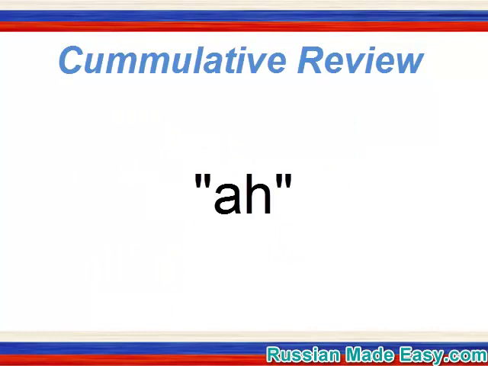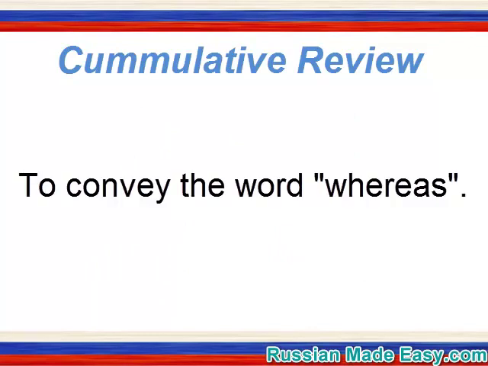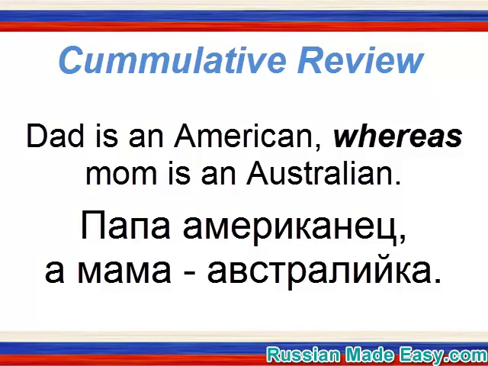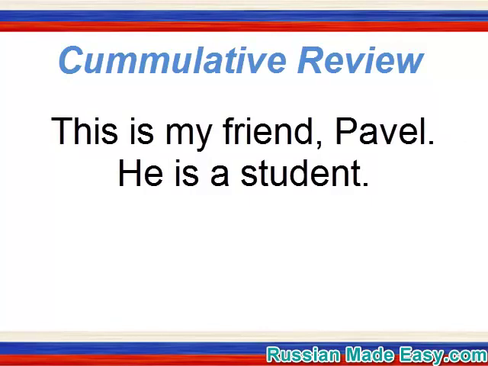In this next one, we'll use that ah sound we learned earlier, this time to convey the word whereas. So say, Dad is an American, whereas Mom is an Australian. Папа американец, а мама австралийка. Say, this is my friend Pavel.